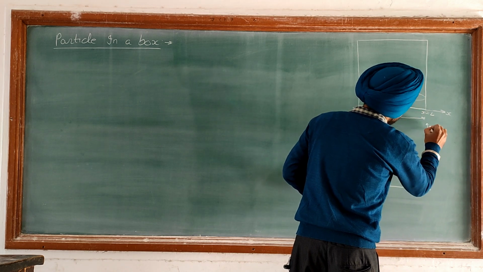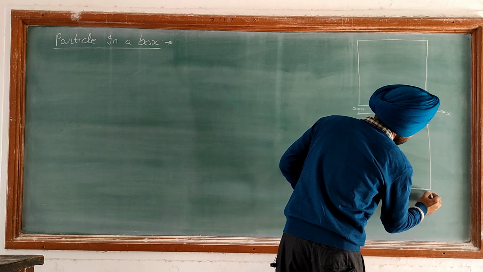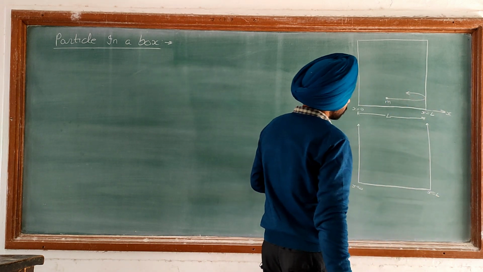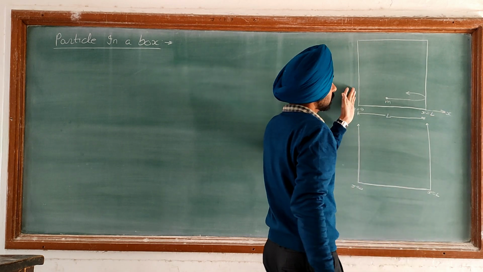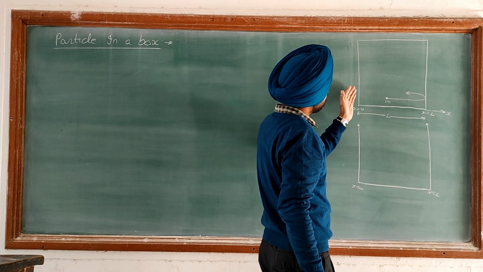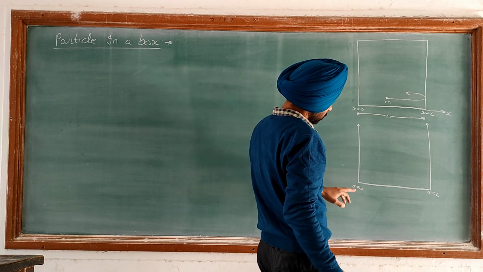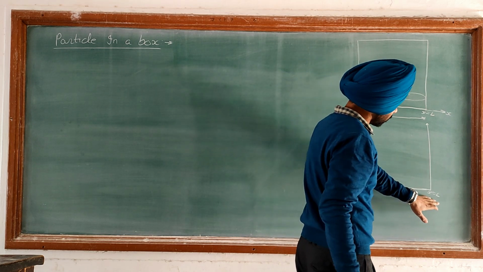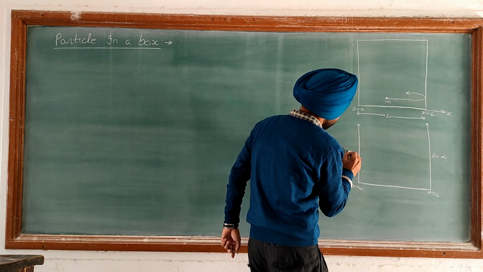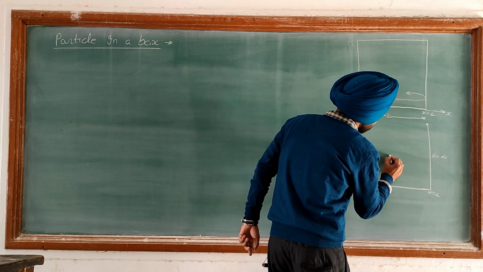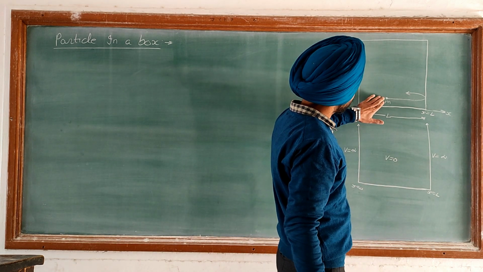So this is x is equal to 0, x is equal to L. As the walls of the box are rigid and the collision is elastic and the walls are non-penetrable, we consider that at x equal to 0 and x equal to L the potential is infinite, and within the box the potential is 0 as we consider a free particle of mass m.